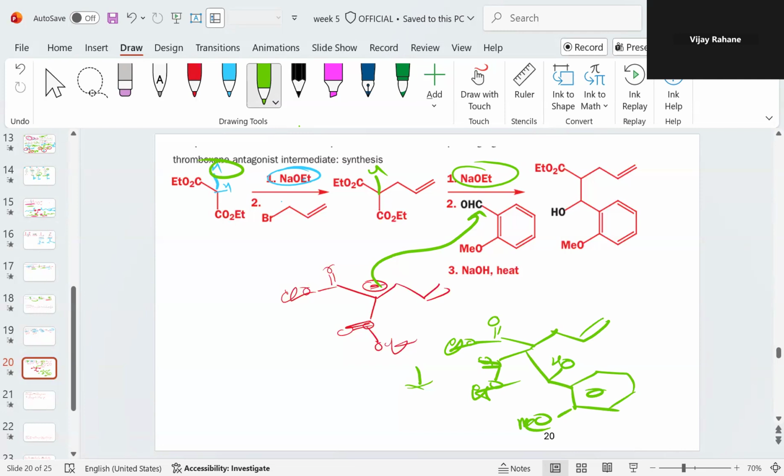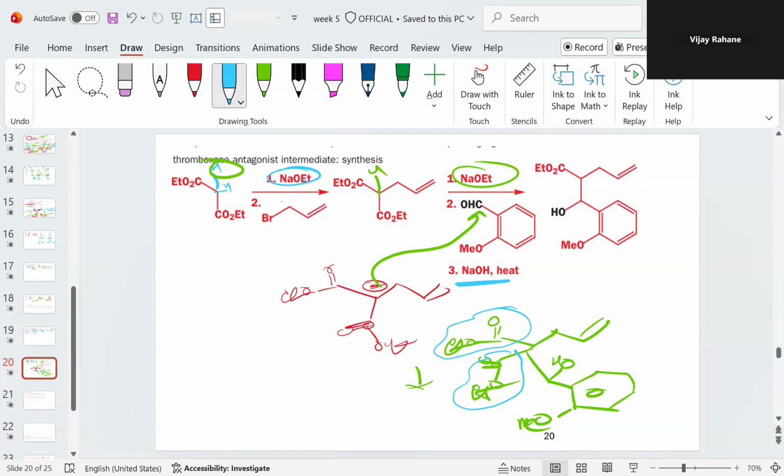Now if you look closely at this molecule, this is very unstable, mainly because there are two carbonyl groups on the same carbon.